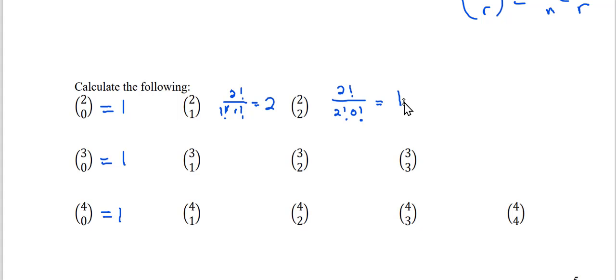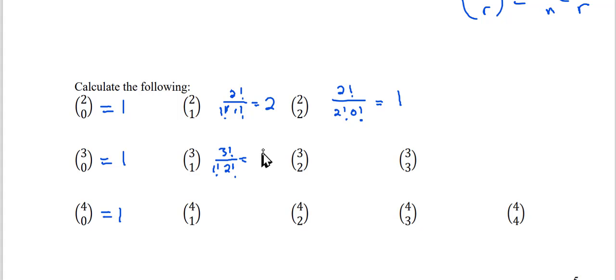That's 1. 3 factorial over 1 factorial times 3 minus 1 factorial. Right, you do 3 minus 1 factorial, gives you 2 factorial.